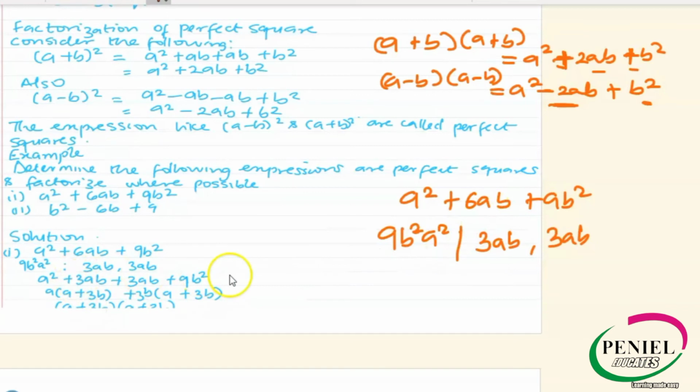Once I do that, I'm going to have a squared + 3ab + another 3ab + 9b squared.